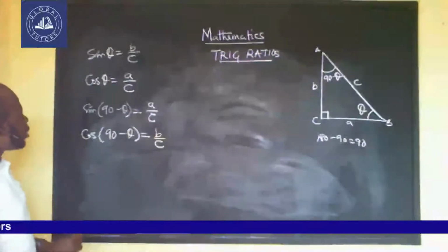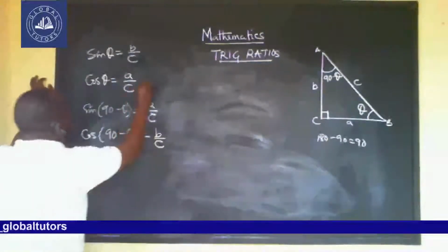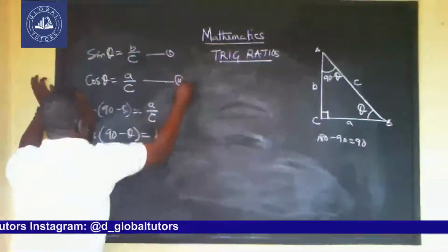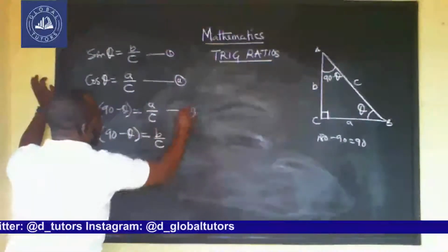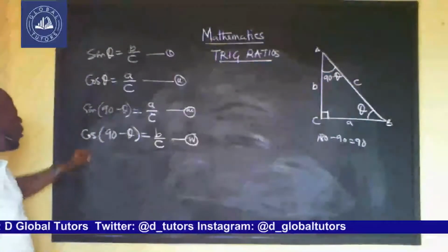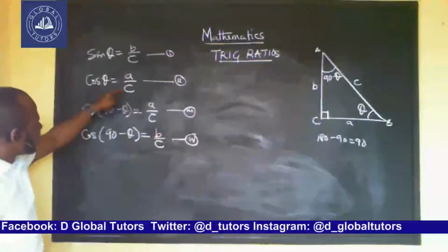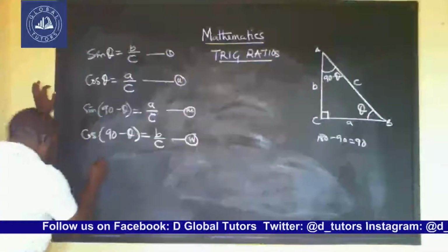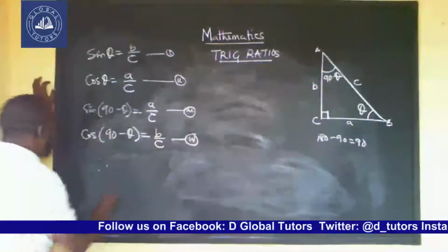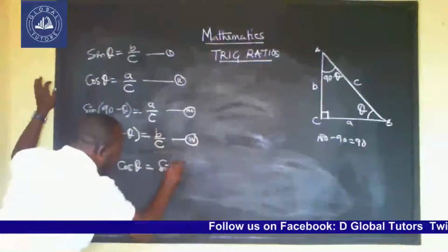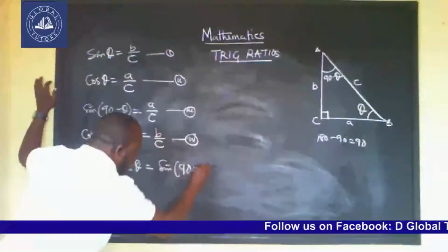So by ratio, looking at it, let's call this equation 1, equation 2, equation 3, equation 4. By ratio, you will see that A over C is also A over C. The same thing. So we can conclude and say, therefore, cos theta is the same thing as sine 90 minus theta.